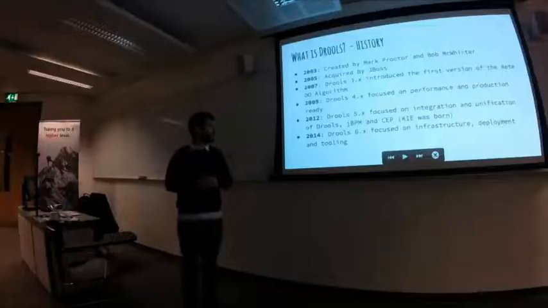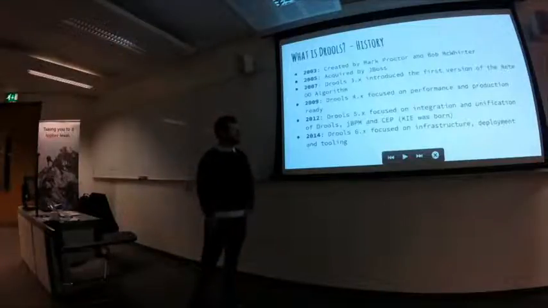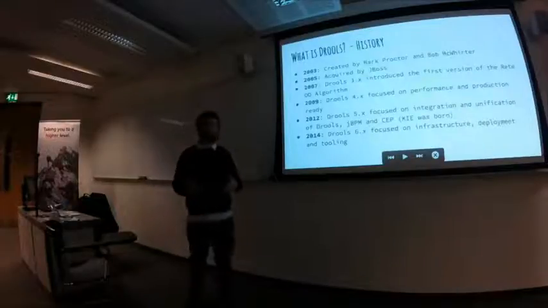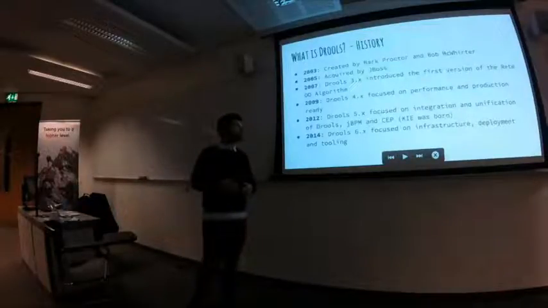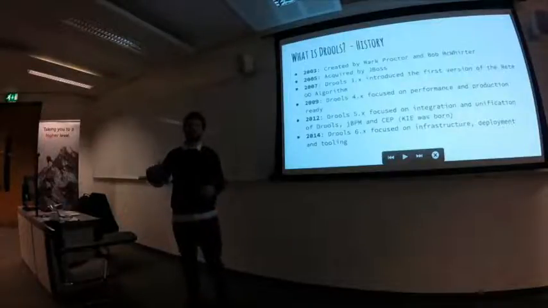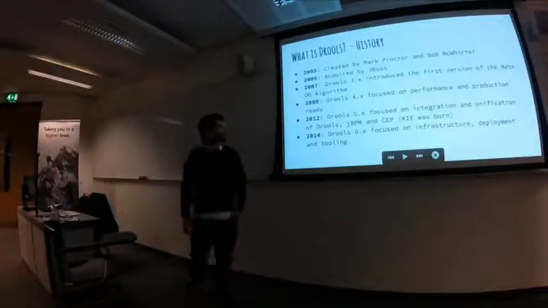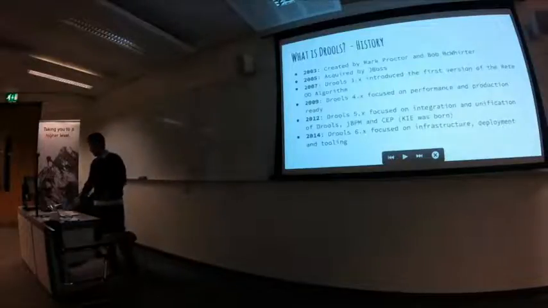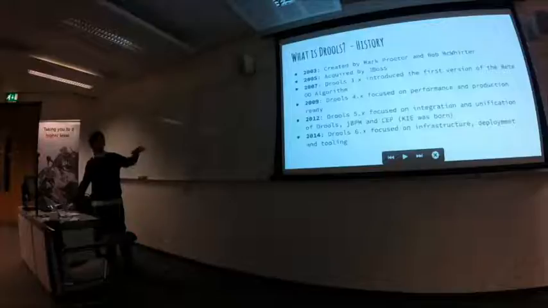So we have rules, jBPM and CEP as a whole environment where you can model everything, automate and test all the assets, and then deploy that and consume it from your applications. What we are doing now is going through that path and moving all these platforms to the cloud.